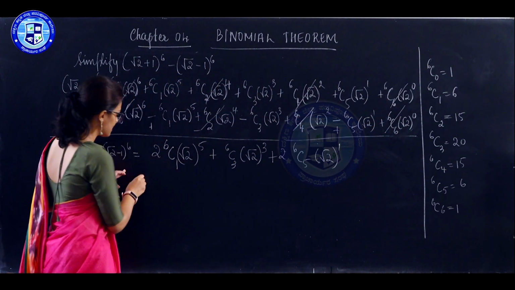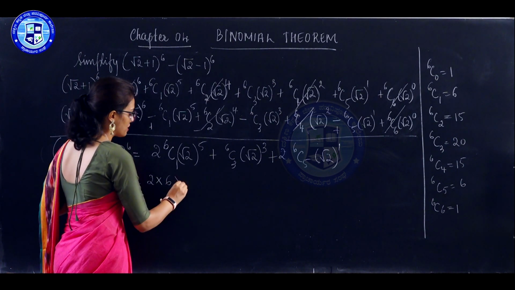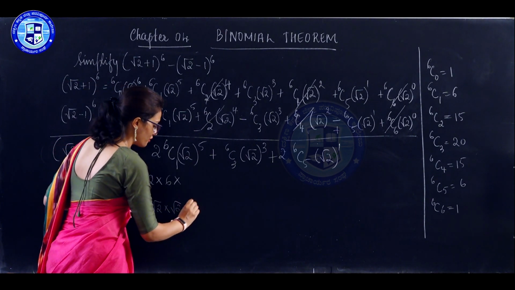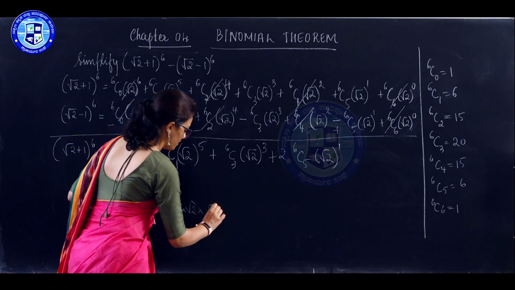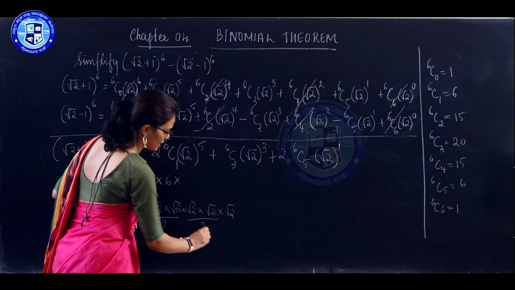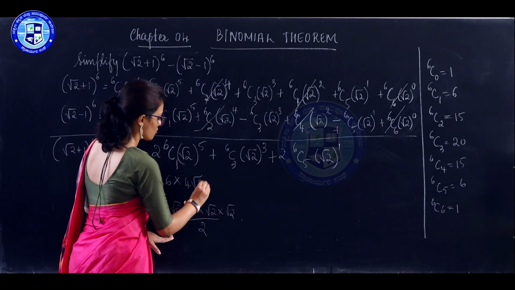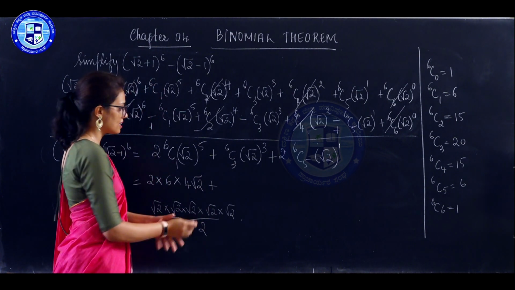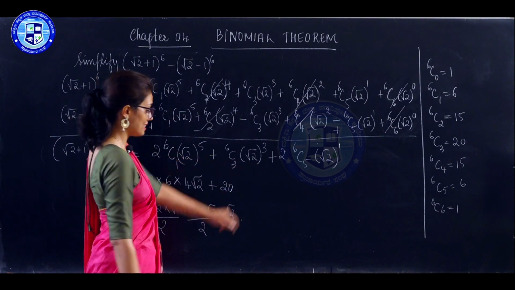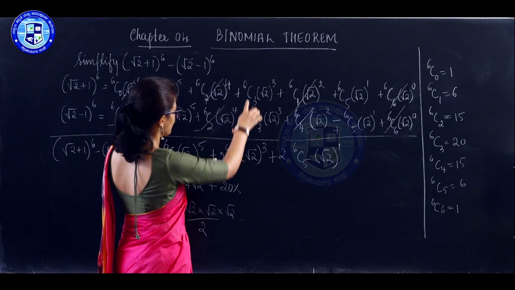So, let us calculate this. This is 2 into 6C1, which is 6, root 2 to the power 5. What is root 2 to the power 5? You are multiplying root 2 five times. So, from the first pair you will get 2, from the second pair you will get 2, and the last root 2 will remain. So, 2 into 2 is 4, so 4 root 2, plus 6C3 is 20. This will be multiplying root 2 three times. Sorry, I forgot to write 2 here; this is 2 times, correct.